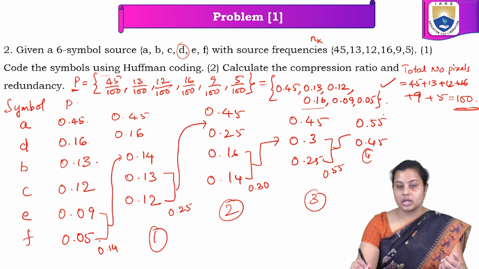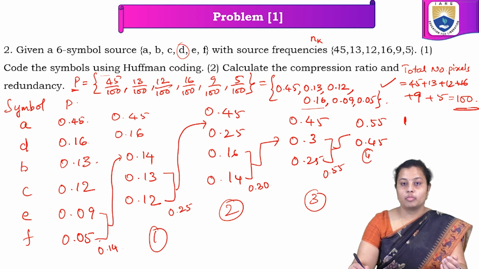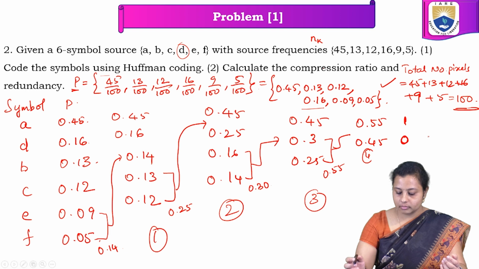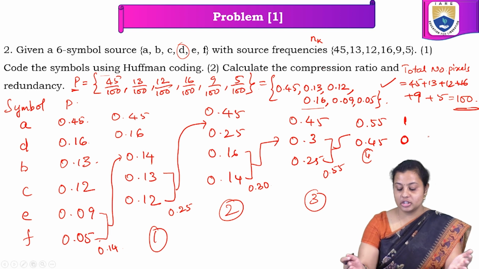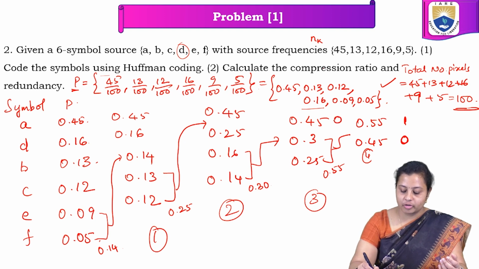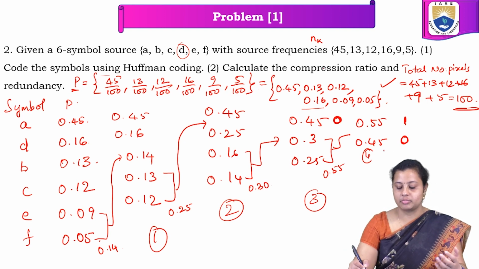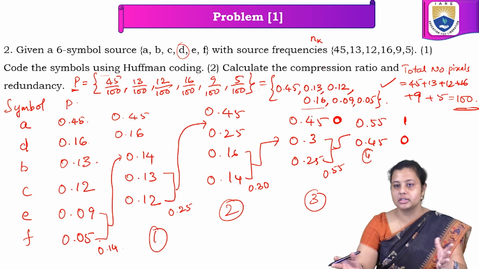So how do we do it? The highest probability value now, it is 0.55 in my last stage. So that value I am giving it to be 0. Or for simplicity, we can even use 1. Okay. Now 0.45 is given the code value 0. Now when I'm going for my previous stage, I shift the symbols by 1 bit towards my left. So now this 0.45 is left as it is, because we have not obtained it by adding some other digits.